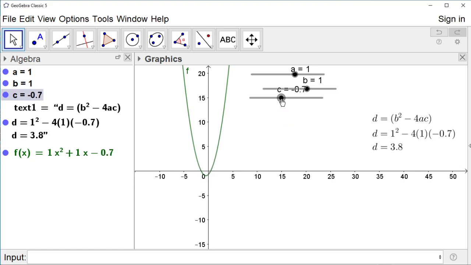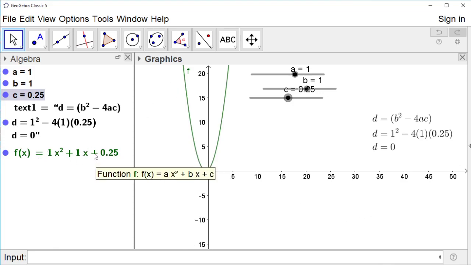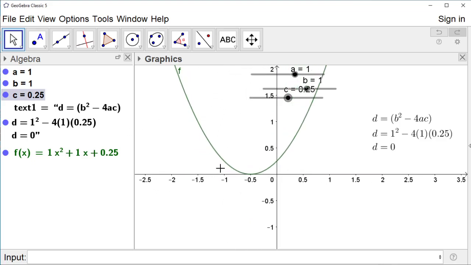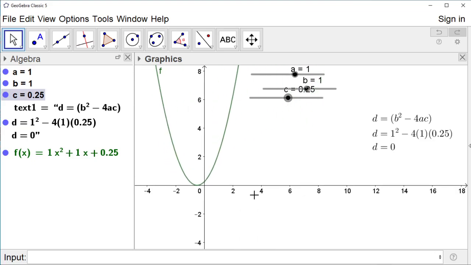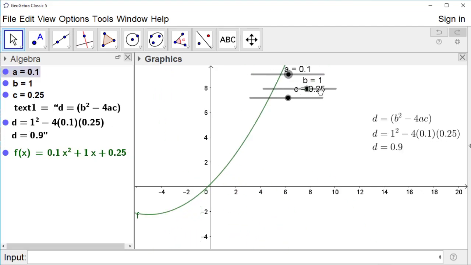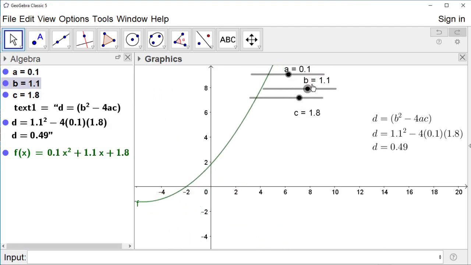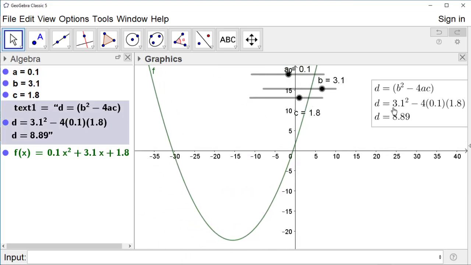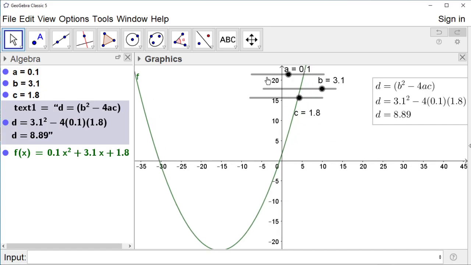If I change this so that the discriminant is exactly equal to 0, which would be done by this equation, then you can see my quadratic now only has one root, when the discriminant is 0. So the discriminant is really helpful. We can make a, b, and c a bunch of different numbers, and you can see that this quadratic has two roots because its discriminant is a positive number.